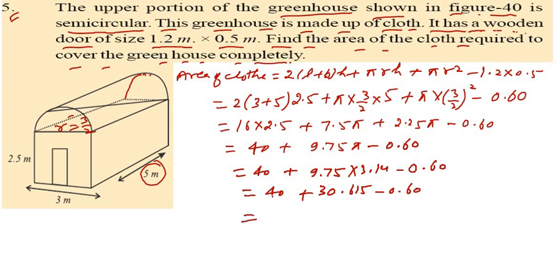Now add and subtract this one, it is 70.015 that is centimeter square and that one is your answer.